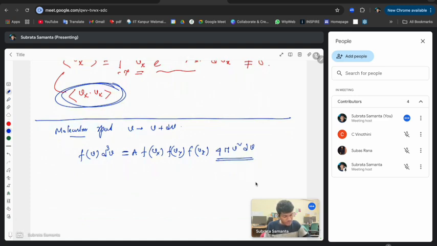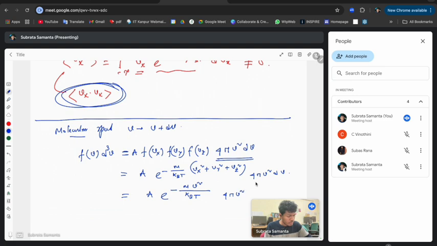So basically this is A e to the power minus m over kBT times Vx square plus Vy square plus Vz square, and then 4 pi V square dV. So this is A e to the power minus m over kBT V square, then 4 pi V square dV.